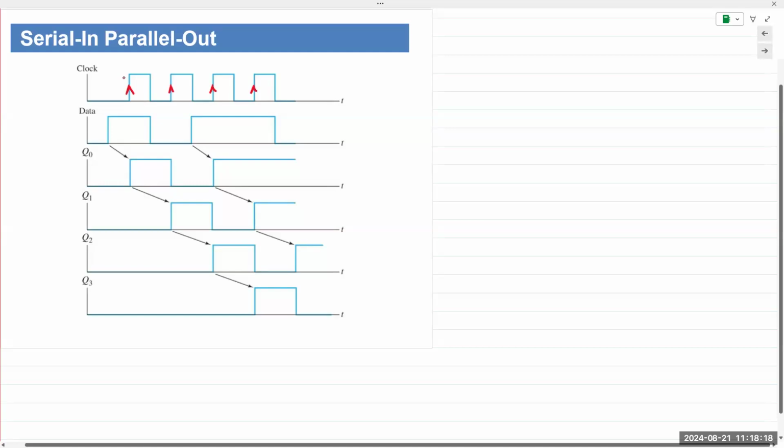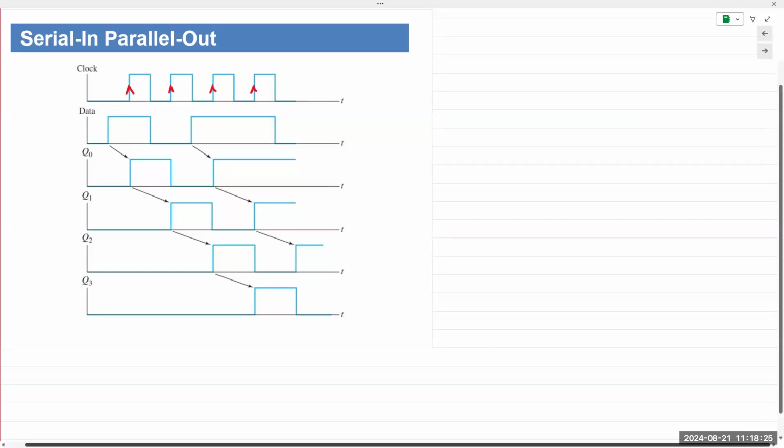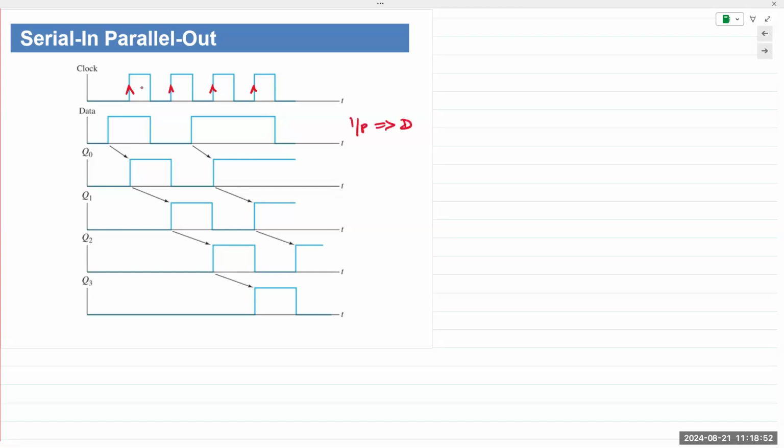So again, if you're looking at a timing diagram, you always want to first note whether the flip-flop is positive edge triggered or negative edge triggered, and then note all the edges in the clock signal. All right, so positive edge triggered, and then we look at the data input that's coming to the first flip-flop. Okay, this is the input to D0.